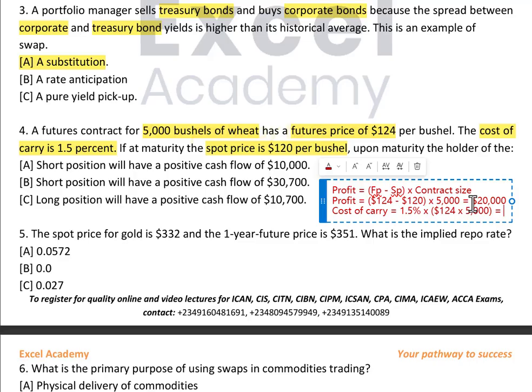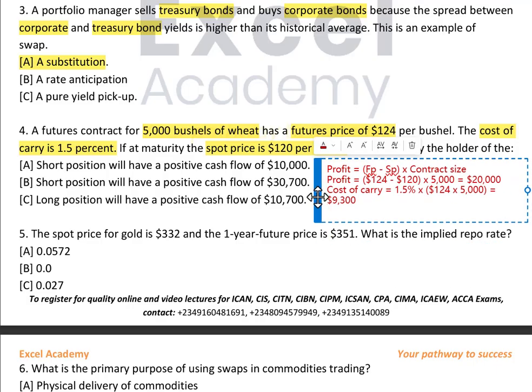How much do we have? Here now we have 9,300. So the net profit, or say the net cash flow, is the 20,000 minus 9,300. So this is 10,700.